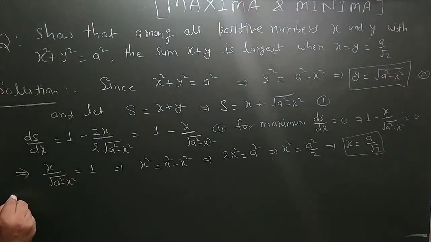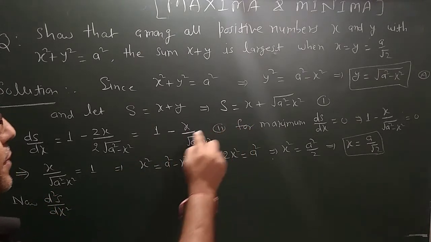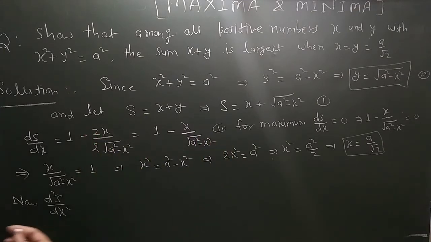Okay. Now d2s upon dx square. Now we find the second order derivative of s.